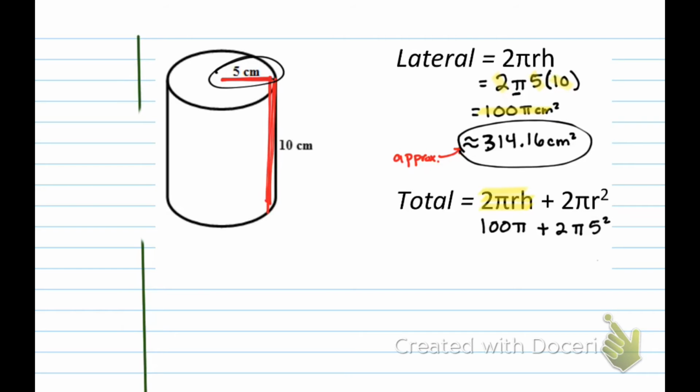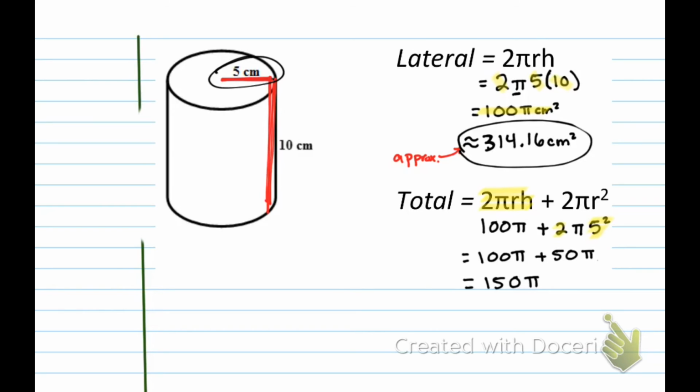When we put that in the calculator, you can put it all like 100 pi plus 2 pi 5 squared, or you can do it separately, where we know this is 100 pi plus, 5 times 5 is 25 times 2 will give us 50, and we still have our pi.